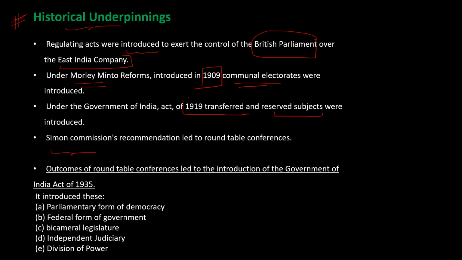Simon Commission recommended later two round-table conferences. Outcome of round-table conferences led to introduction of Government of India Act 1935. It introduced parliamentary form of democracy, federal form of government, bicameral legislature, independent judiciary, and division of power.